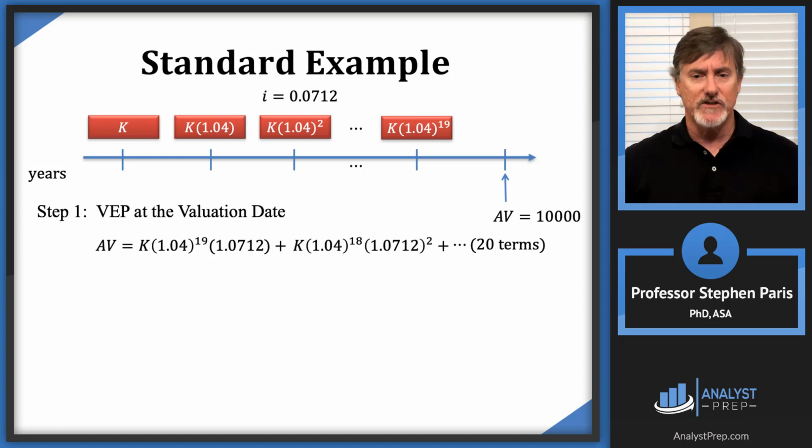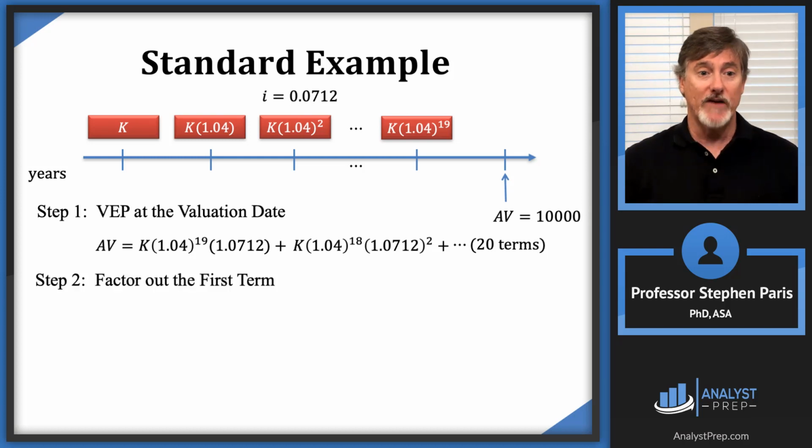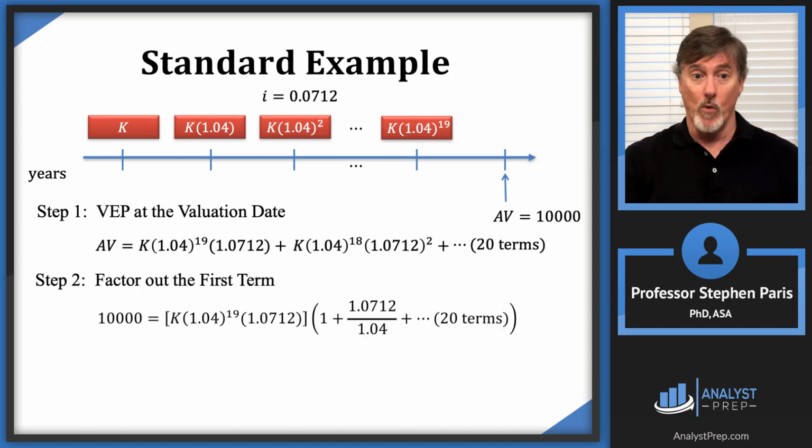Now when I go to step 2, I'm going to factor out the first term. The first term in that 20-term expression is K times 1.04 to the 19th times 1.0712, so I'm factoring that out. What I get is a 1 to recover that first term, and then plus, to recover the second term, I need to multiply by 1.0712 divided by 1.04.